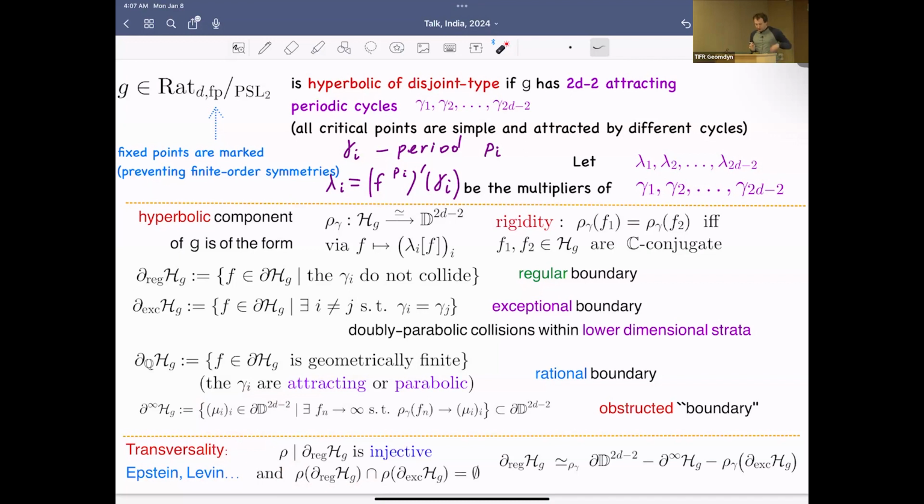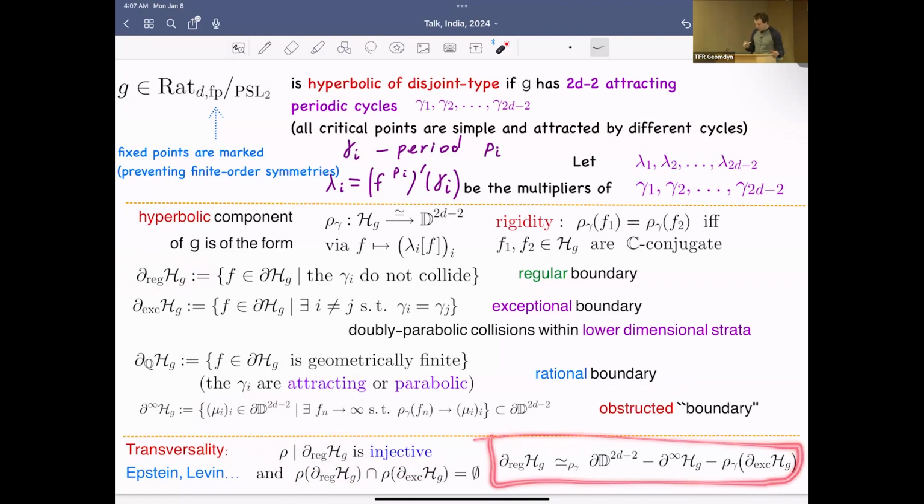In particular, transversality tells us that at least on the regular boundary, everything is good. The multiplier map is injective on the regular boundary. And on the level of multipliers, the regular boundary is disjoint from the exceptional boundary.